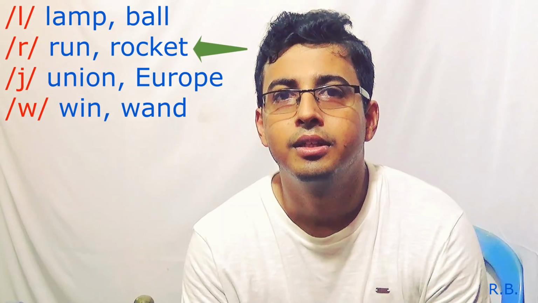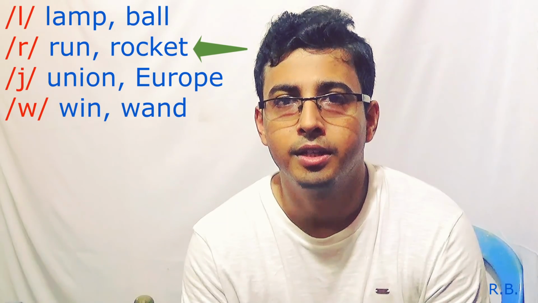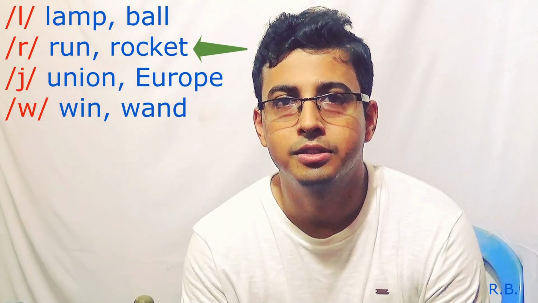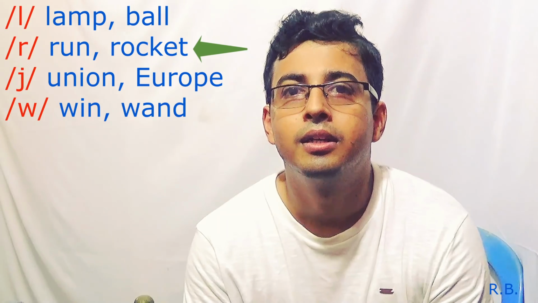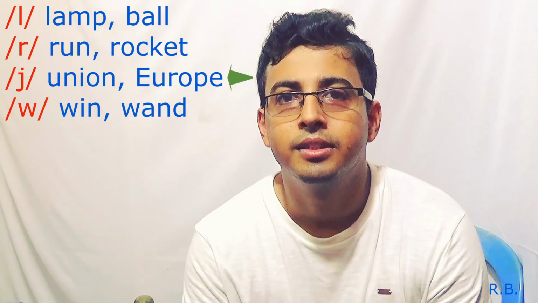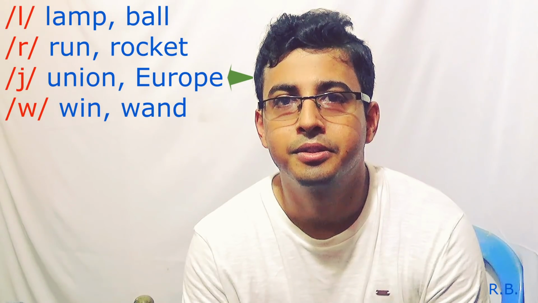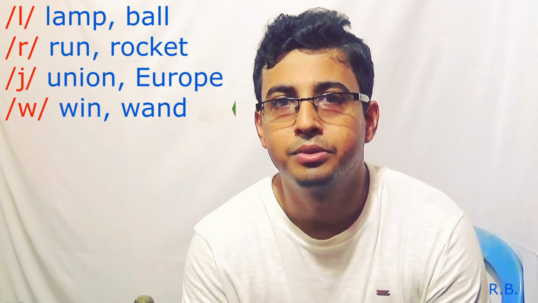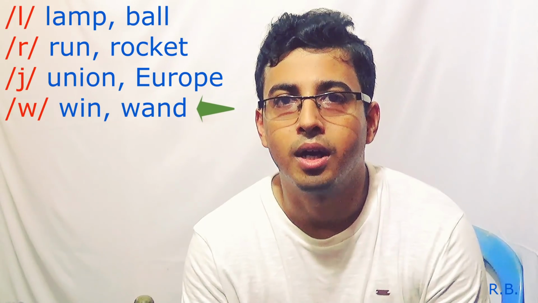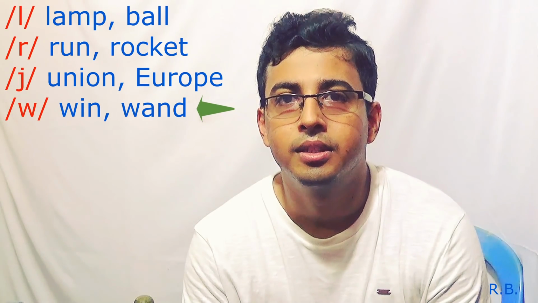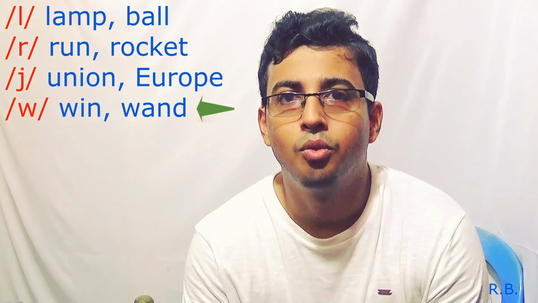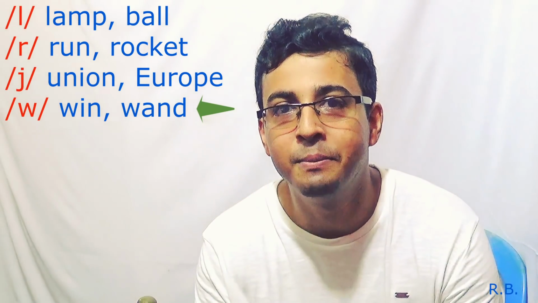R, run, rocket. Ya, university, Europe. Wa, win, wand. Make sure you remember the symbols and the sounds they represent.